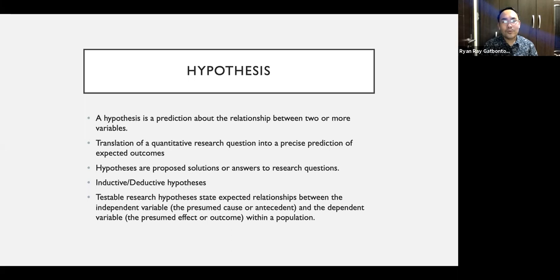Now, to say that our hypothesis is testable, we should state it in a way that reflects our expected relationships between our independent variable, or the presumed cause or antecedent, and the dependent variable, or the presumed effect or outcome, within a population.